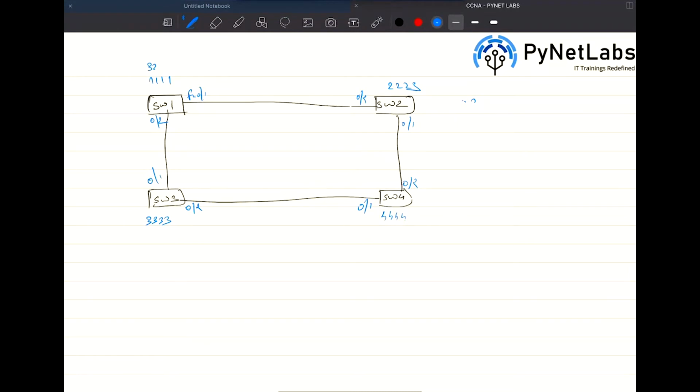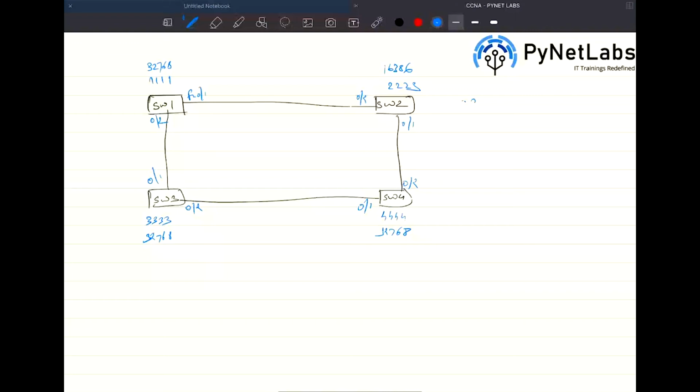The priority is 32768, 16386, 32768, and 32768. This is what the details are of the switches. Correct? Do you understand the topology that we are having?